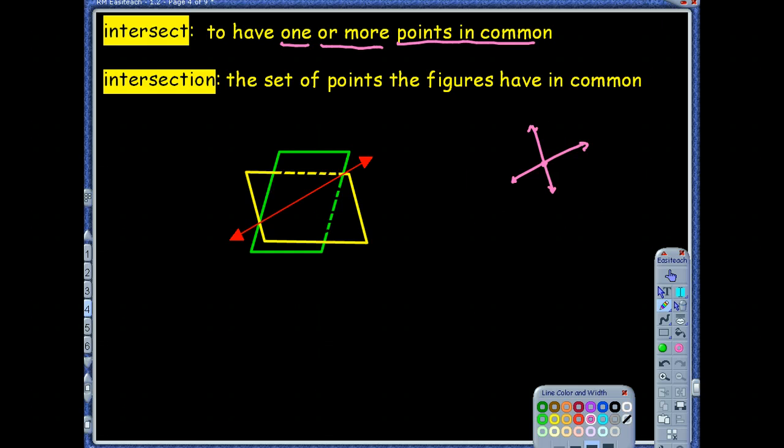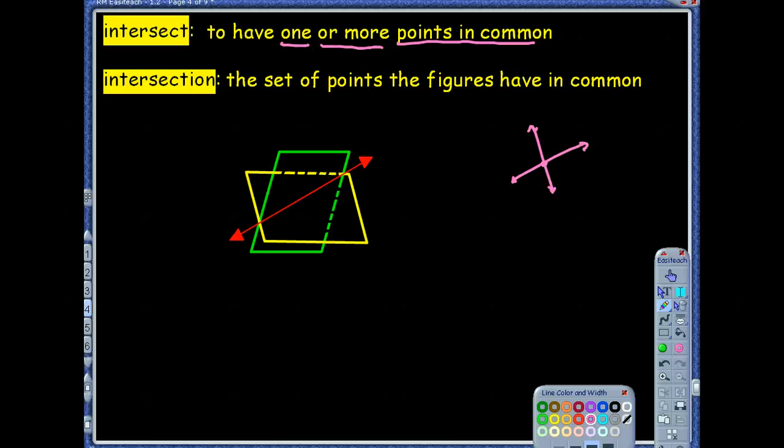I could talk about 2 planes intersecting, but notice here where these 2 planes are intersecting, they're intersecting at a whole line. There's a lot of things that they have in common. And a lot of points, so it's not just 1 point. So when it says intersect, that's why she's saying 1 or more points. Planes that intersect share multiple points. Right, because every point that's on that line would be a point where they would intersect.